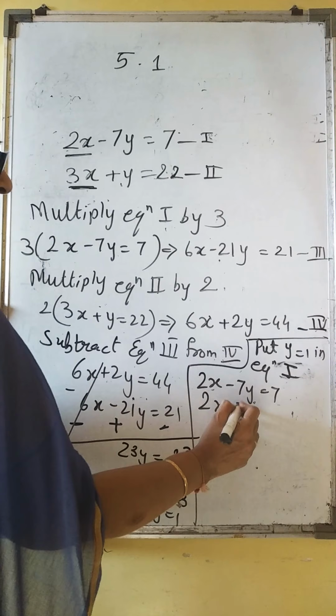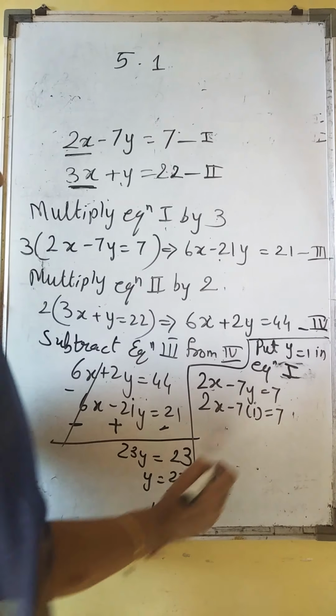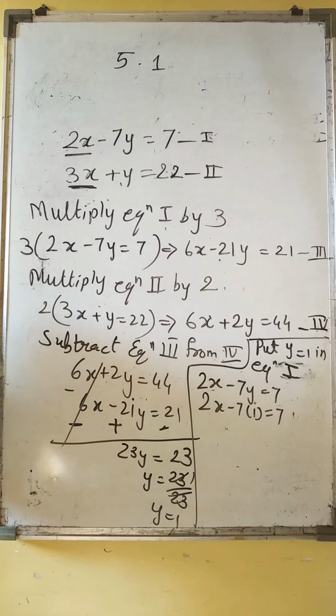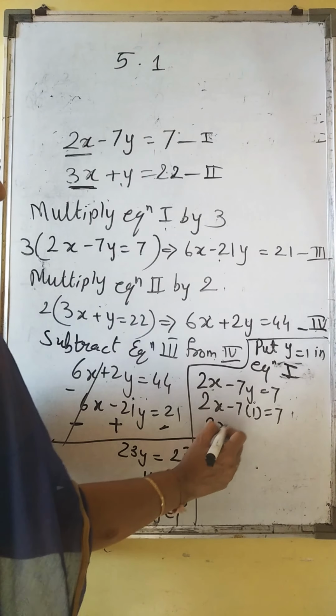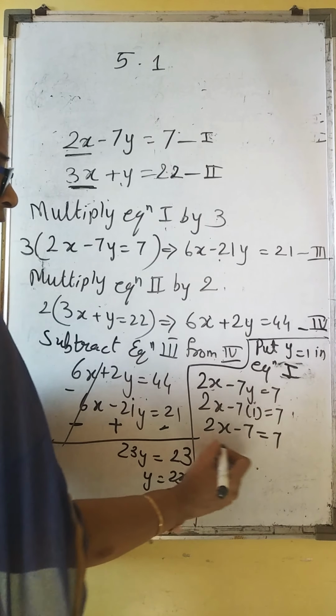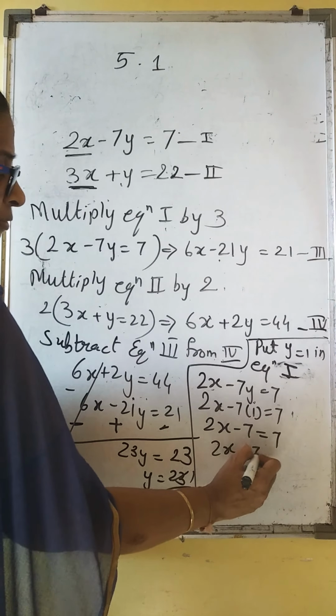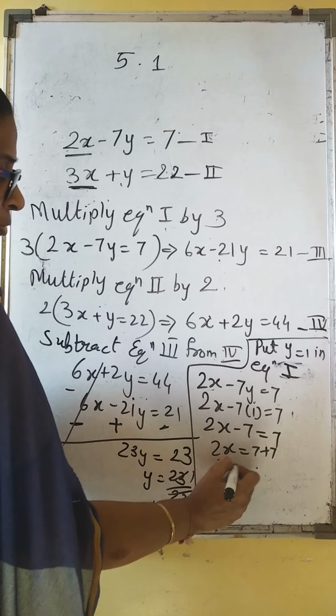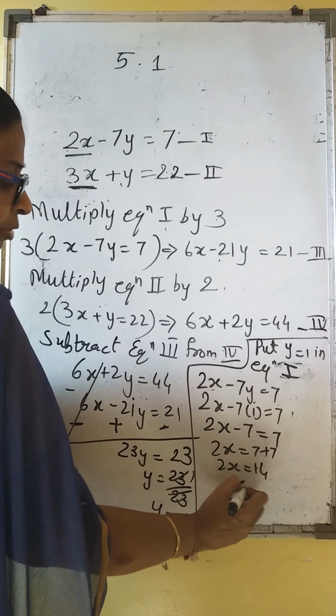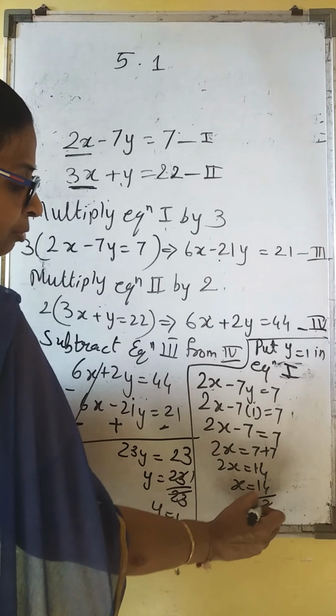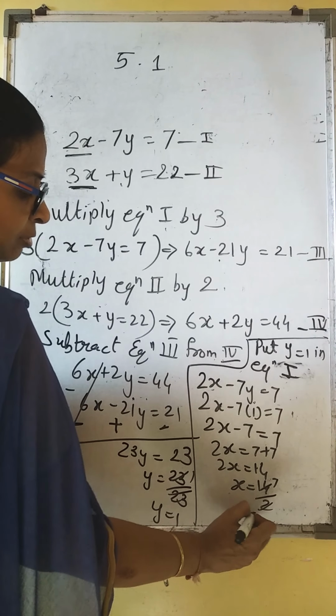So 2x minus 7, put y equal to 1. So you will get 2x minus 7 is equal to 7. So 2x is equal to 7 plus 7. So 2x is equal to 14. So x is equal to 14 upon 2. So x is equal to 7.